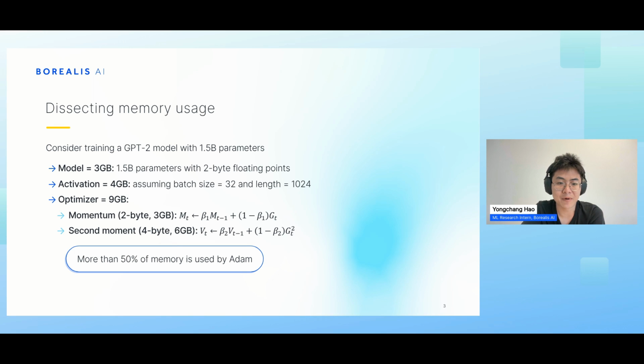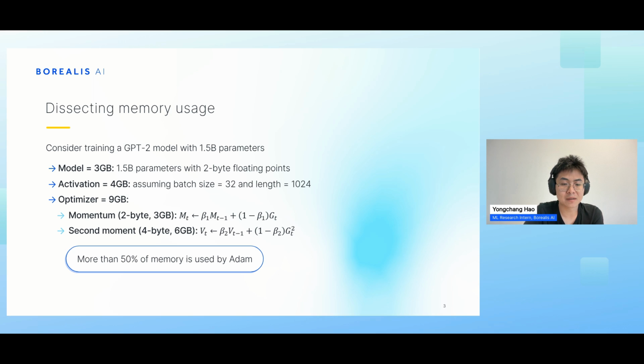So to reduce the memory usage for model training, we have to understand the components in the memory. Here's an example of training a GPT-2 model with 1.5 billion parameters. The model itself will take around 3 GB because we store it in 2-byte floating point. And the activation will probably take 4 GB, assuming the batch size equals 32 and the length of sentence is 1024.